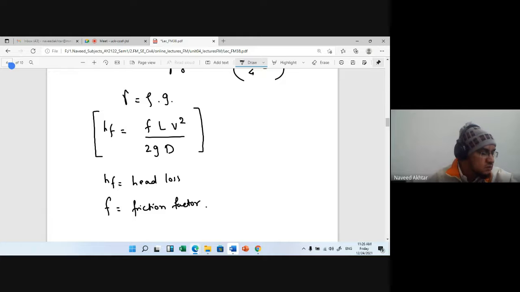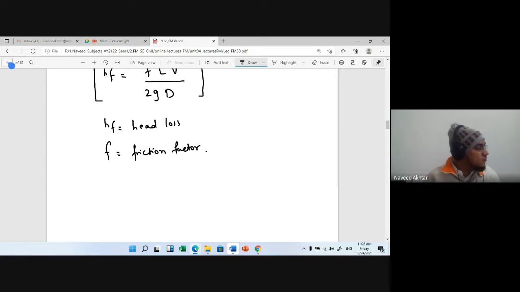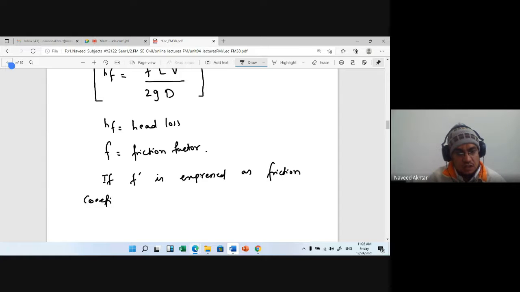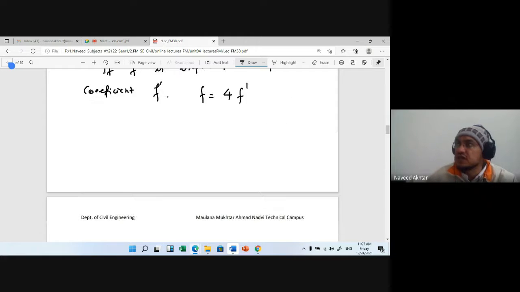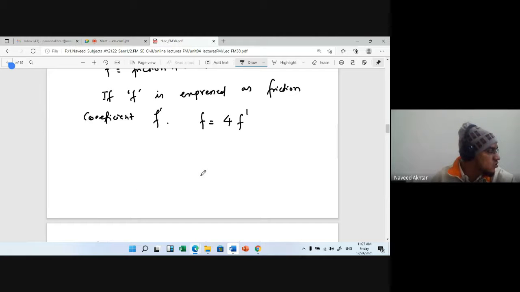If F is the friction factor, or if F dash is expressed as a friction coefficient, then the friction factor F is 4 times F dash, the friction coefficient.